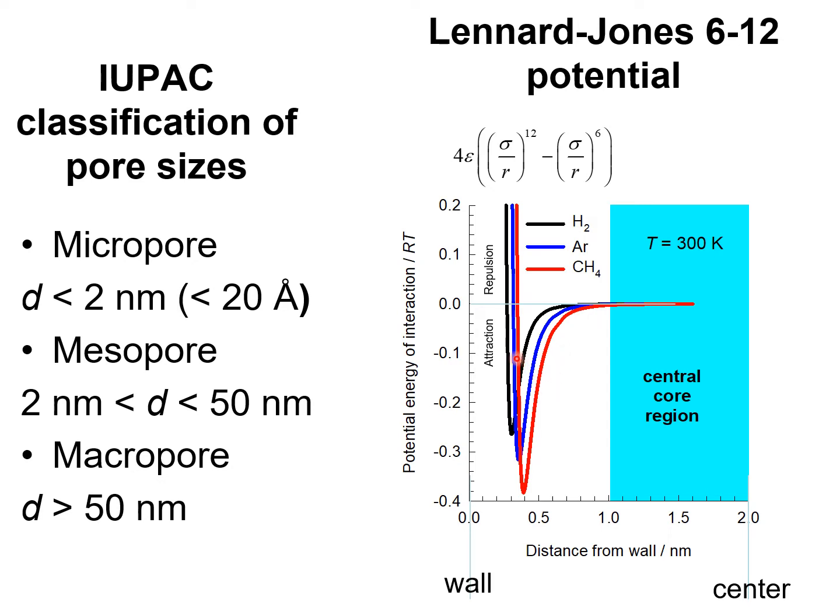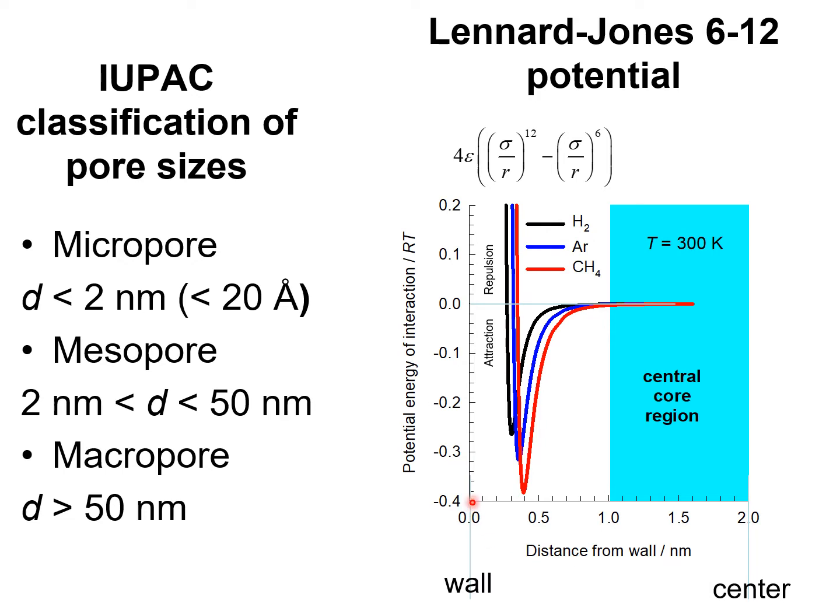Further away from the wall, attraction forces come into play, and the depth of the energy well is dictated by the epsilon or energy parameter, which is largest for methane and smallest for hydrogen, reflecting the stronger adsorption of methane with respect to argon, and argon is stronger in its adsorption strength than hydrogen.